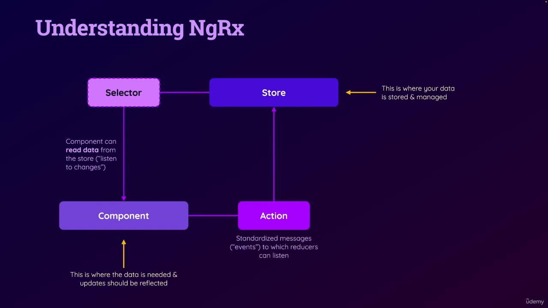And then those actions are picked up by so-called reducers, which you define as part of setting up this entire state management system. And in those reducers, you then have the actual logic that gets triggered based on those actions to change the data in the store. And of course, that's all pretty theoretical right now. We'll see all these things in action over the next lectures, of course.